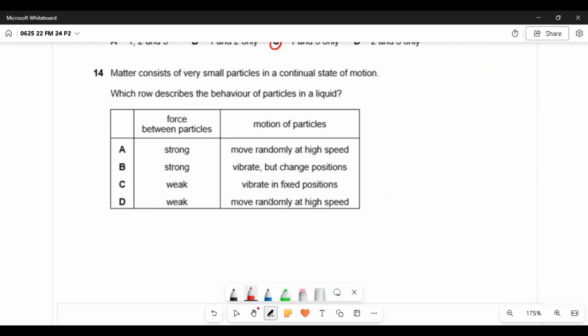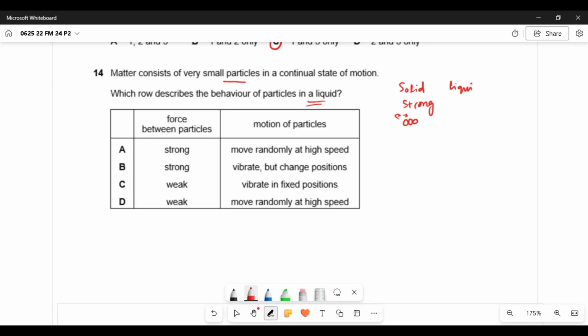Number 14. Matter consists of very small particles in a continual state of motion. We know that. Which row describes the behavior of particles in a liquid? Whenever we have a solid, it has strong force between the molecules, but the molecules are confined, there is no gap, only vibration between them.